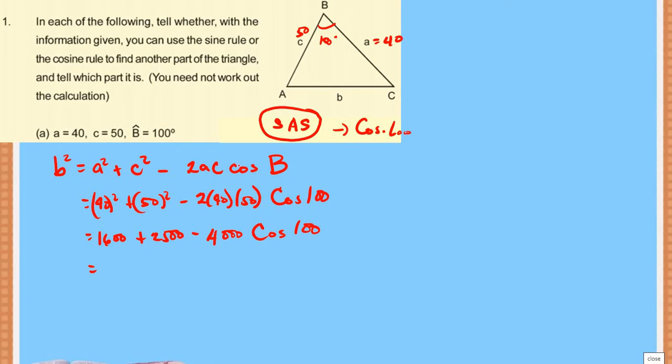Solving that with your calculator, 1,600 plus 2,500 minus 4,000 times cosine 100, the answer would be B squared. Remember, that is B squared, and B squared is equal to 4,794.59.